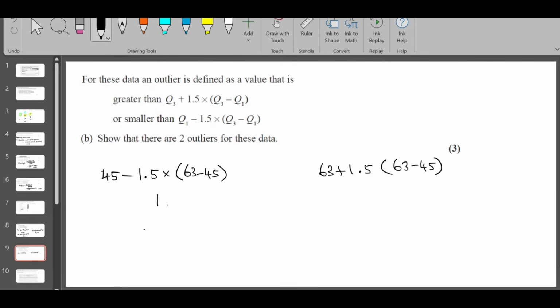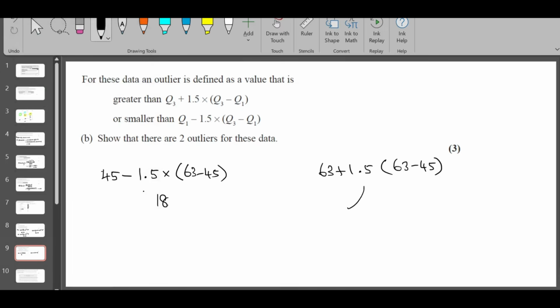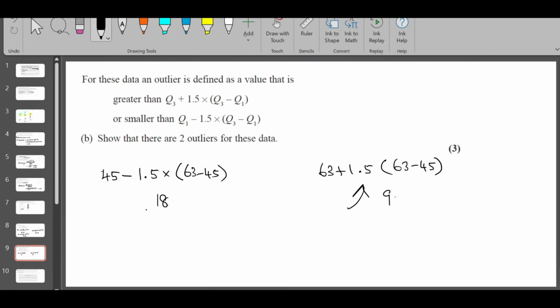So you get 18 here, and then find this value. Q3, 63, plus this, you'll get 90. So that's the range to find the outliers. If any number lies outside the range, that means smaller than 18 or bigger than 90, that's considered an outlier.